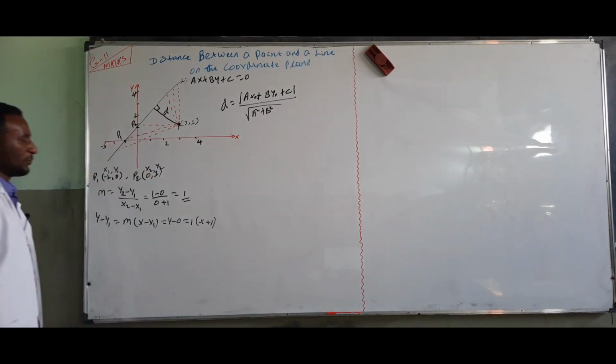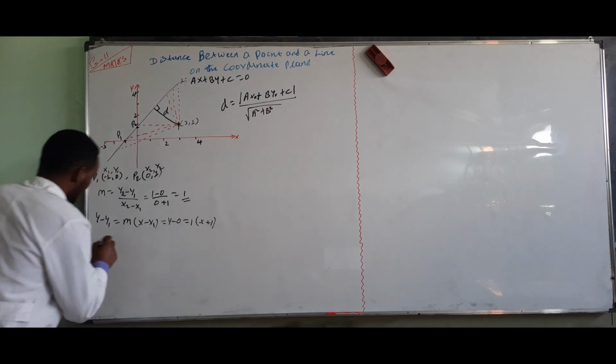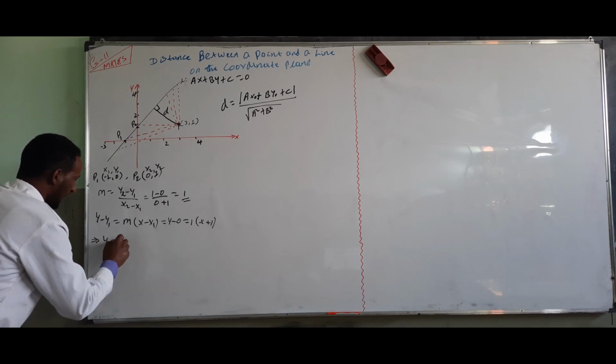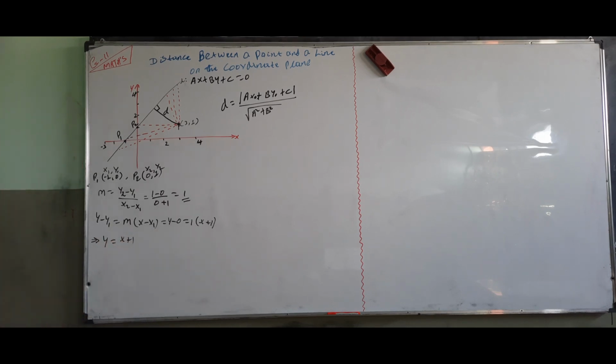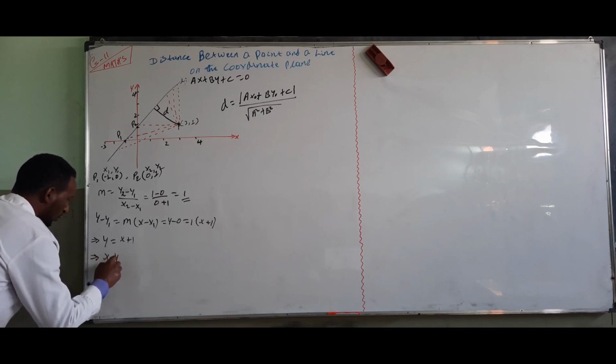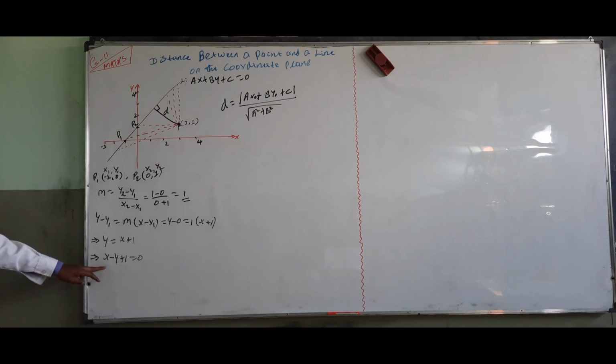It becomes plus 1. Then this implies that y is equal to x plus 1. This is the equation of this line. When we write it in general form, it becomes x minus y plus 1 is equal to 0.